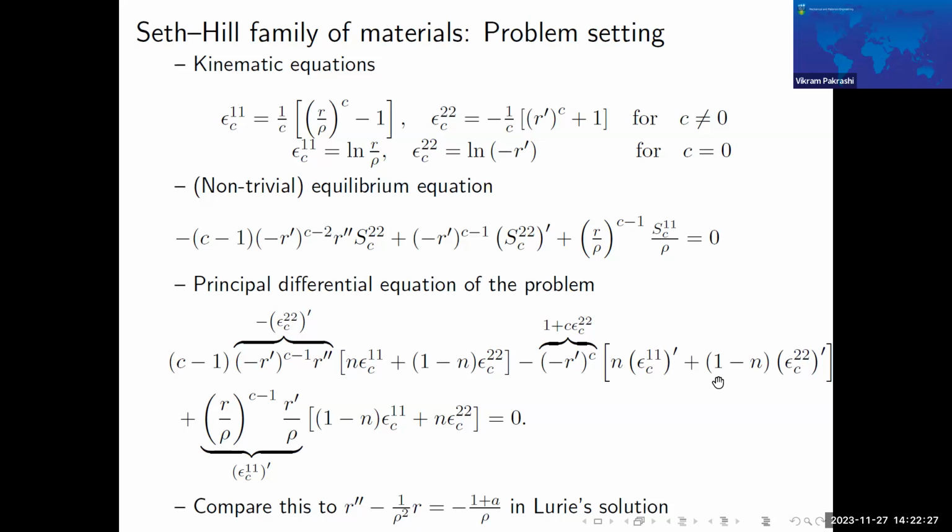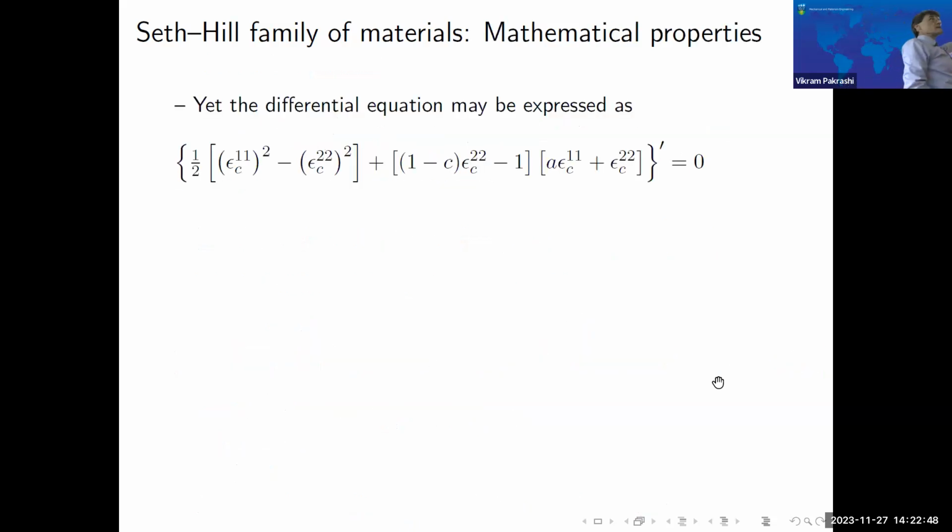However, despite that, and that's the first important point that I want to make, we can write the whole of this equation in terms of strains only. When we do that, we obtain this result here, which says that we have some expression in strains differentiated with respect to the through-the-thickness coordinate, which is equal to 0.